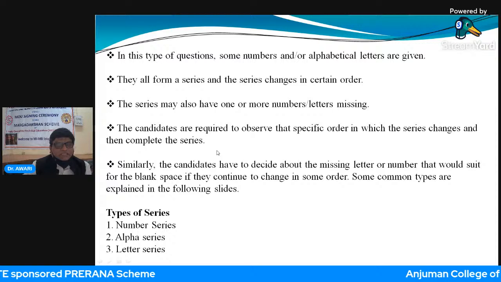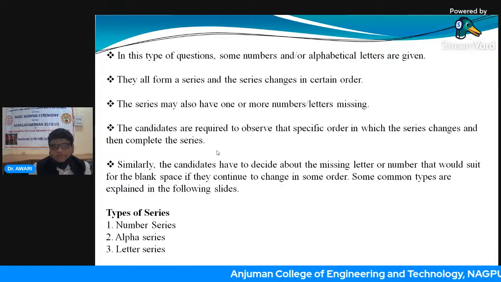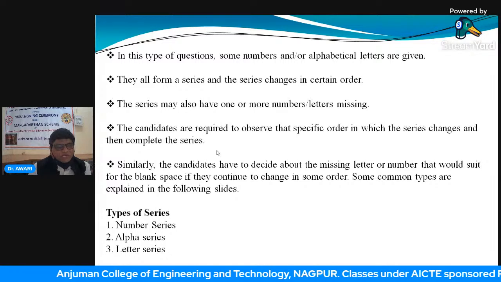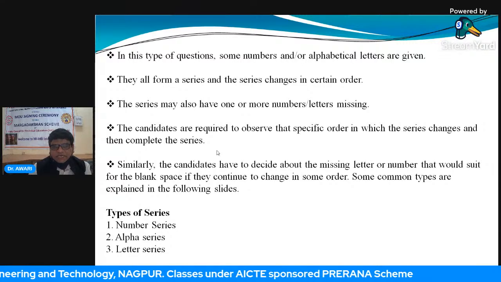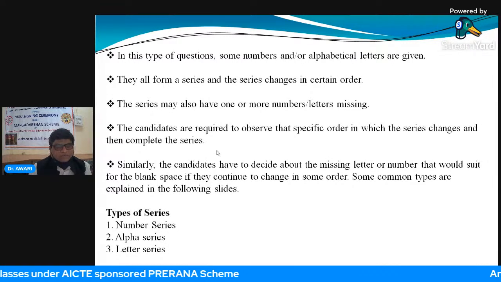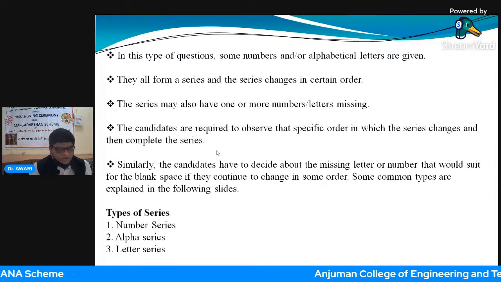So the candidates are required to observe that specific order in which the series changes and then complete the series. Similarly, the candidates have to decide the missing letter or number that would suit the blank space if they continue to change in some order.